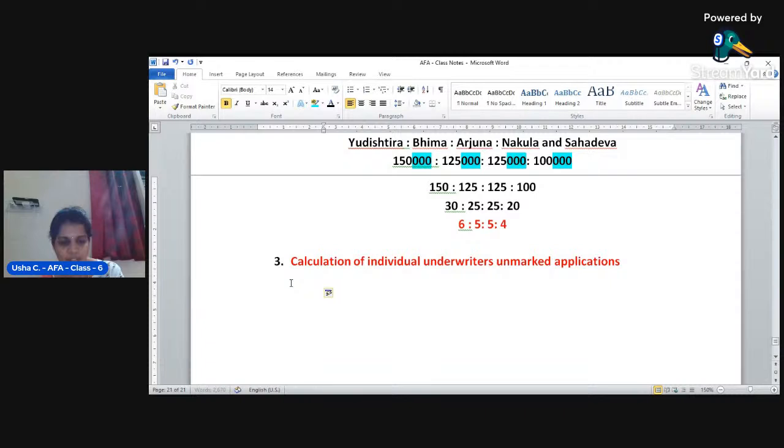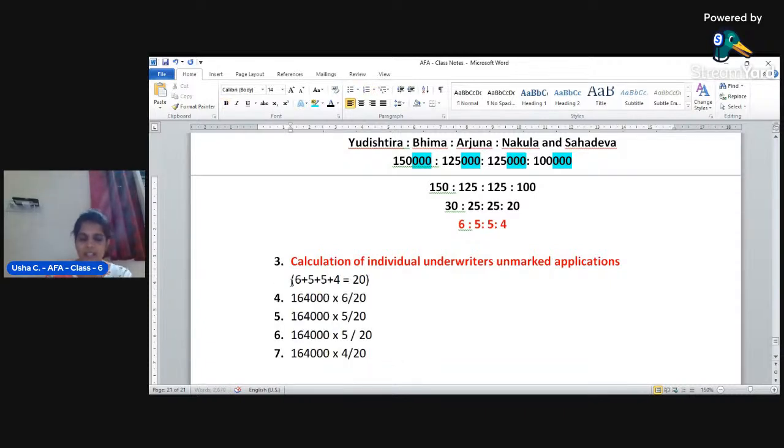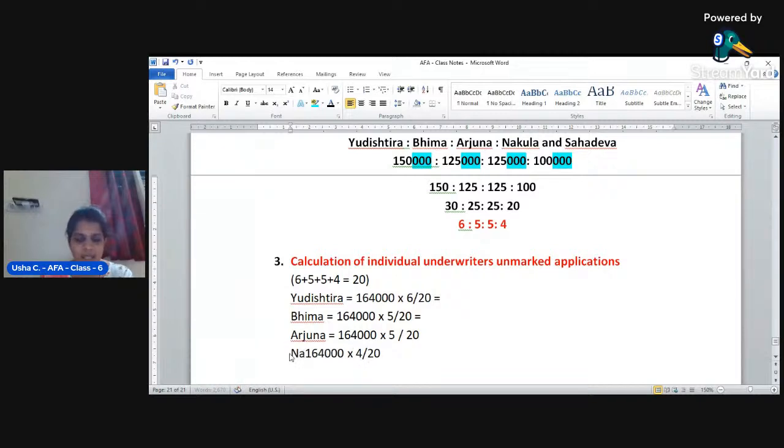First one, the total ratio is 6 is to 5 is to 5 is to 4 is equal to 20. Yudhishthira is equal to 1,64,000 into 6 divided by 20. Then Bhima is equal to 1,64,000 into 5 divided by 20. Then Arjuna is equal to 1,64,000 into 5 divided by 20. Then Nakula and Sahadev.